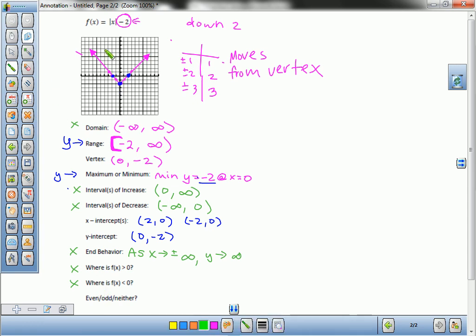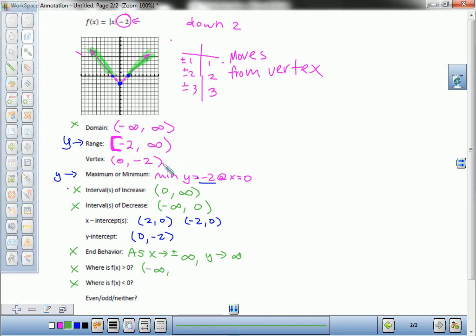All right, this one, positive is up above. So where is this one positive? Well, what was this x value? Negative 2. Okay, so it's positive from negative infinity to negative 2, and then it's positive over here from positive 2 to infinity.